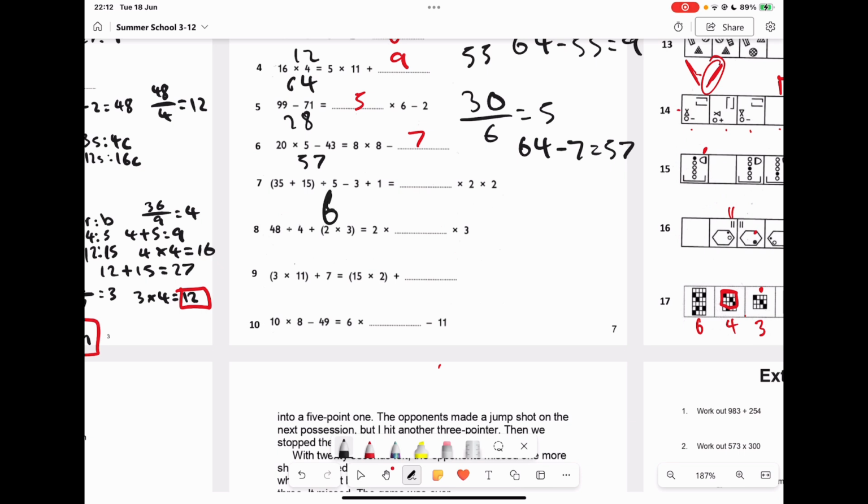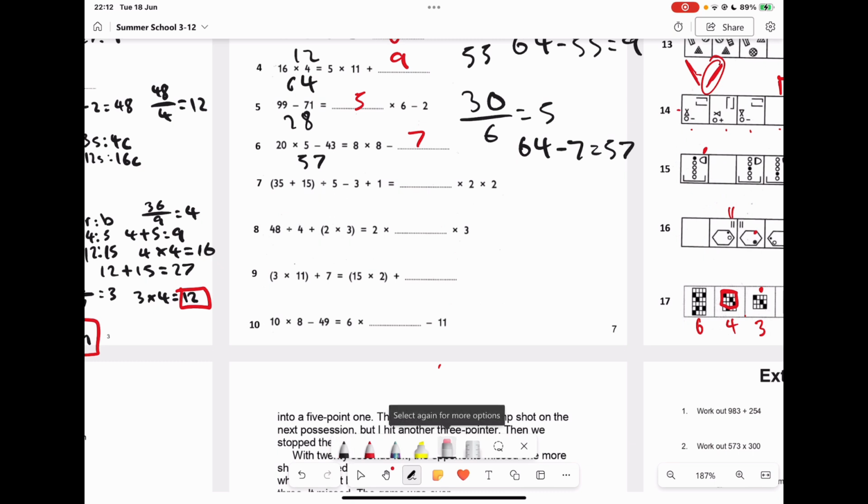Okay, so then something times 2 will equal 6. So what we're looking at here will be, or have we done something wrong? So we can see that 2 times 2 is 4. 35 plus 15.